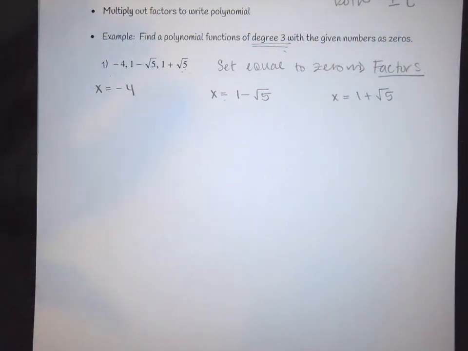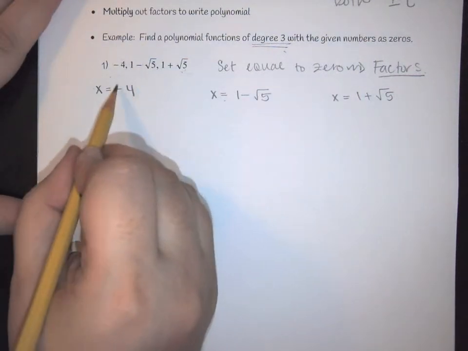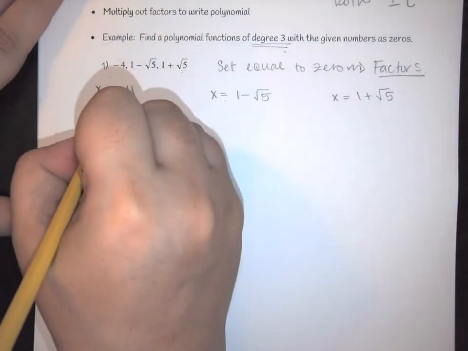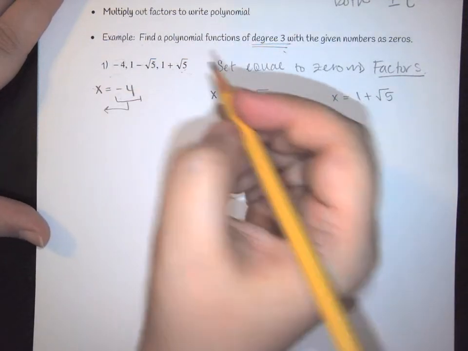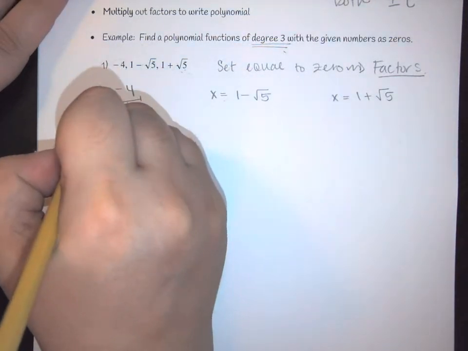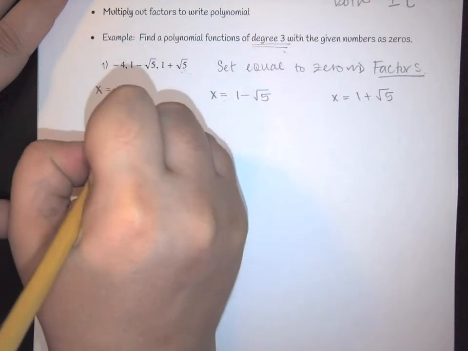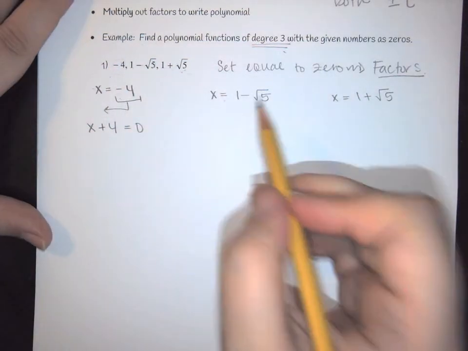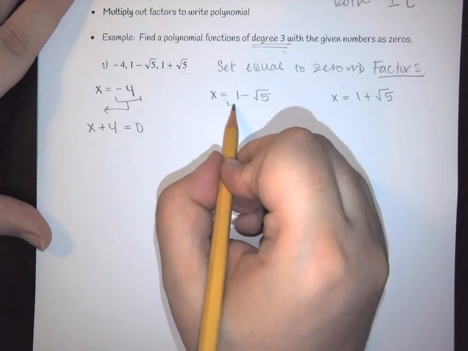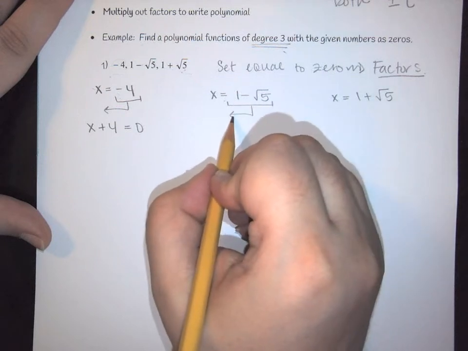Okay, so if you think about algebra, we always went down to what was the solution. Well, here we're going to backtrack. So because this is a negative 4, I need to take this 4 and move it across my equal sign, which means I have to add, so the factor becomes x plus 4 equals 0. I have to do the same thing with the others.